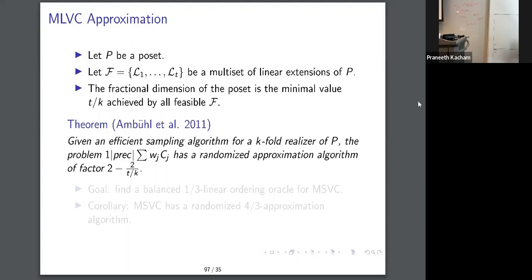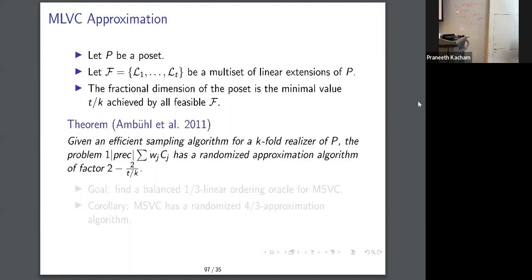The way Ambühl et al. improved the algorithm was to define a fractional dimension. And what is that fractional dimension? It allows you to have more orderings, let's say T, but it requires the non-comparable pairs to appear in both orders at least k times. Then they define the fractional dimension as T over K. If K equals 1, it is just the dimension of the DAG.